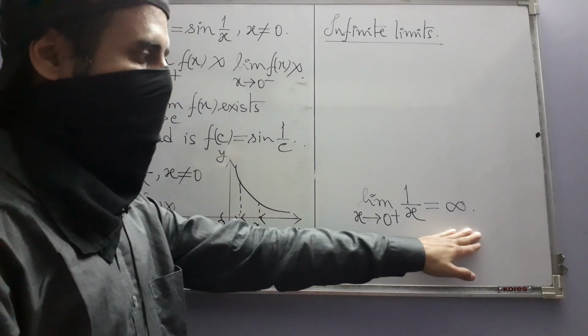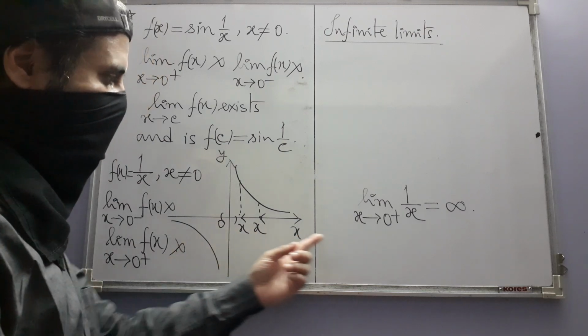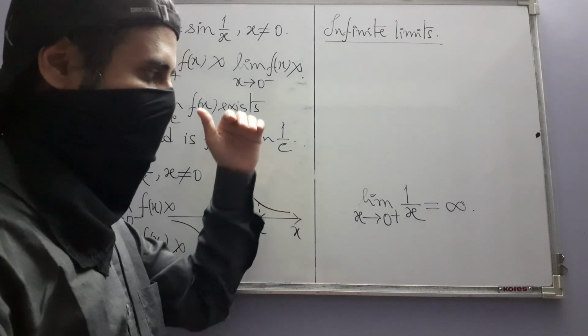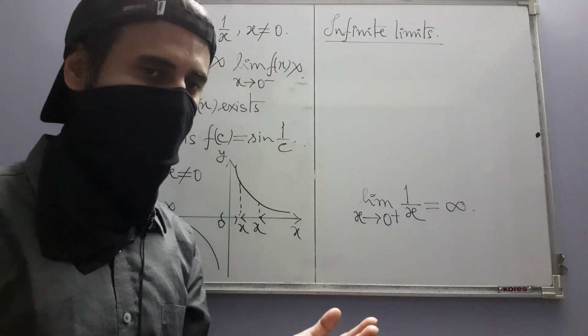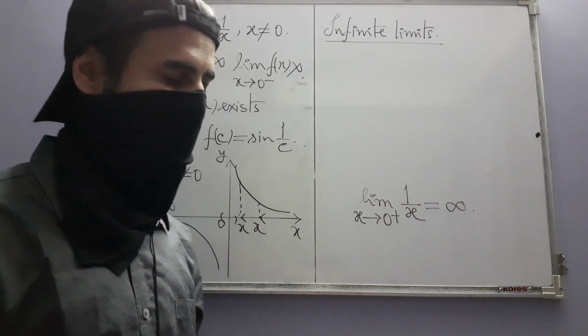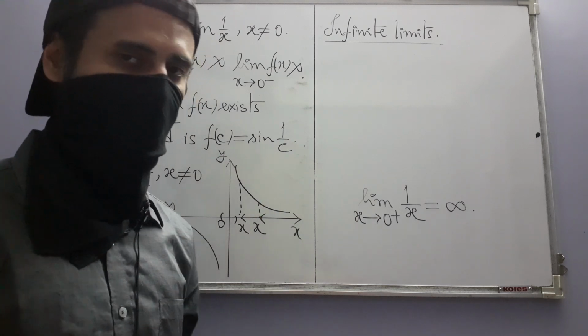When we see something like this, it just simply means what I have said just now, that as x approaches 0 from the right side, the functional values increase without any bound, and given any real number, however large, those values eventually exceed that real number.